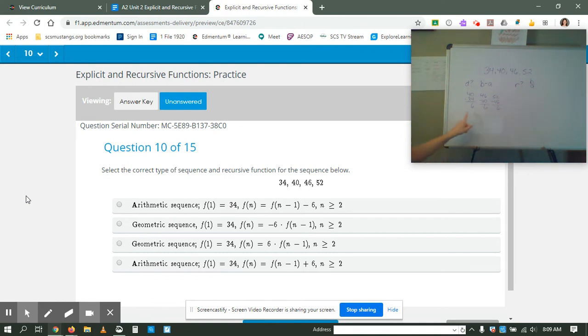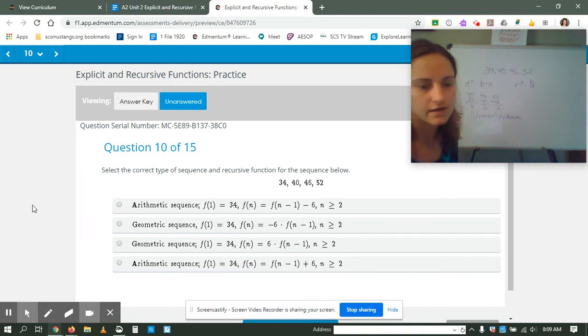So because these numbers ended up all being exactly the same, we know that this is going to be linear, which is the vocabulary we worked with last lesson. But for this one, it's going to be arithmetic.